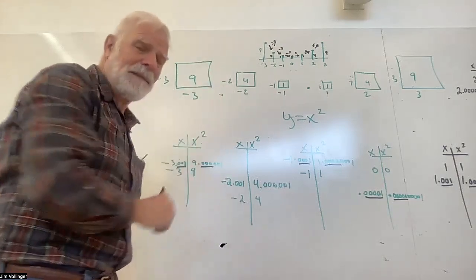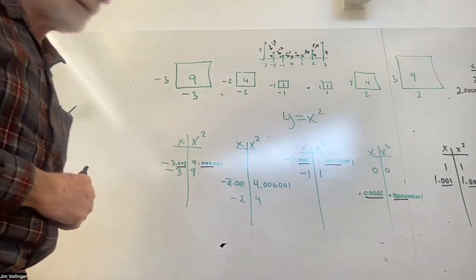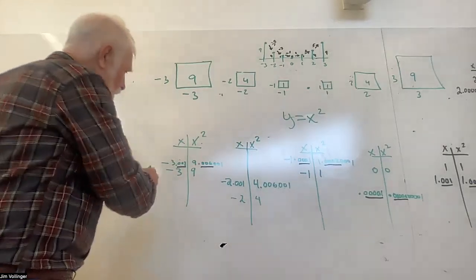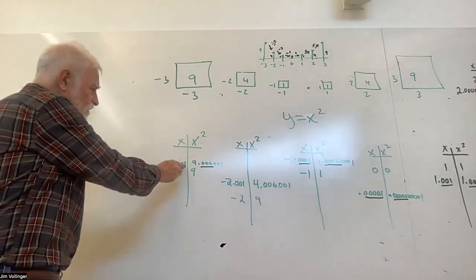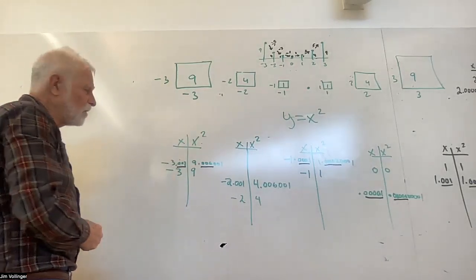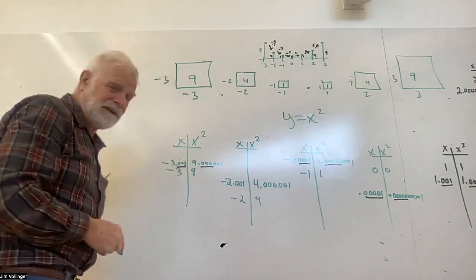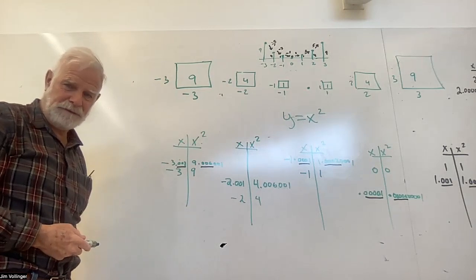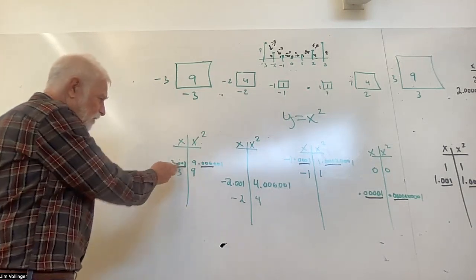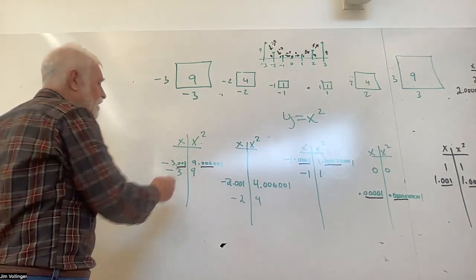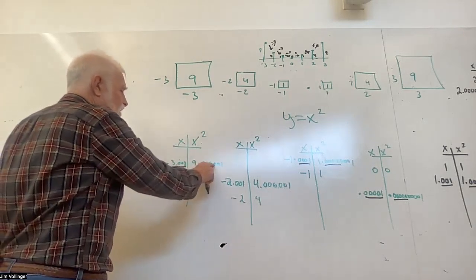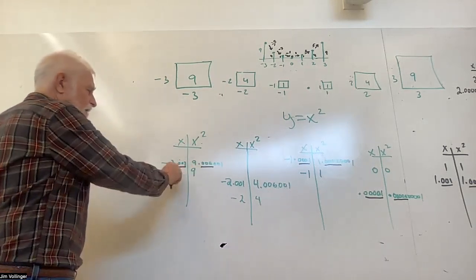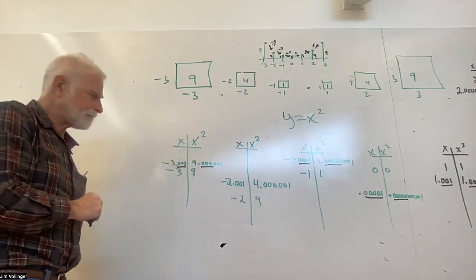Right now, we've got kind of a macro view. We're standing back. Now we're going to start to go from -3.001 to -3, and we're going to square those numbers. I didn't use a calculator for any of these calculations because I've seen the pattern over the years. If you square -3.001, you get 9.006001. 3 decimals become 6 decimals.